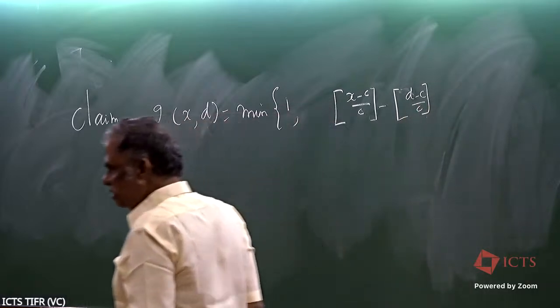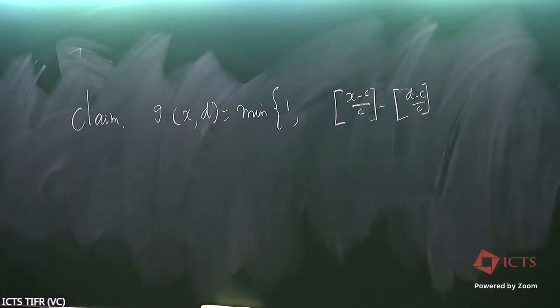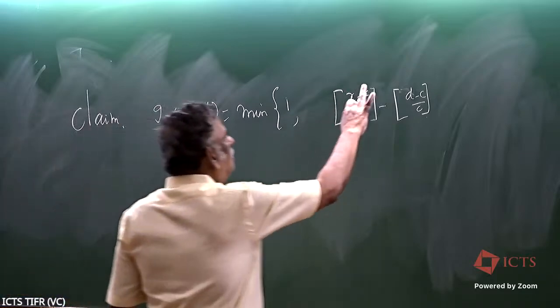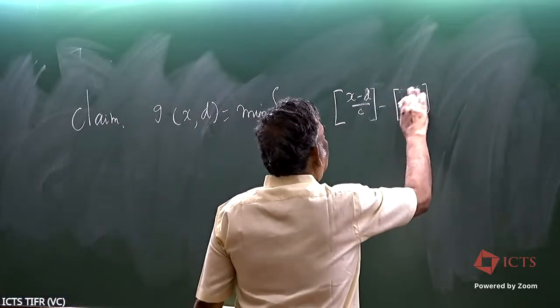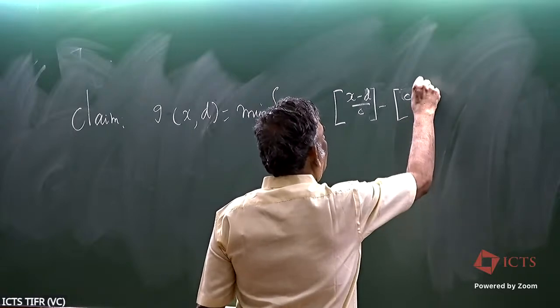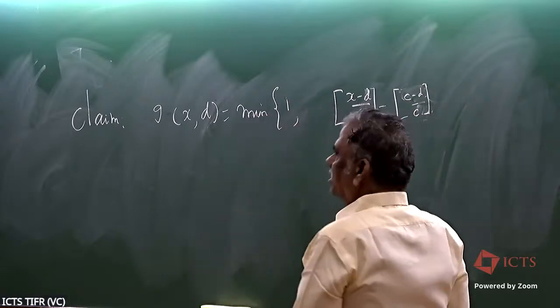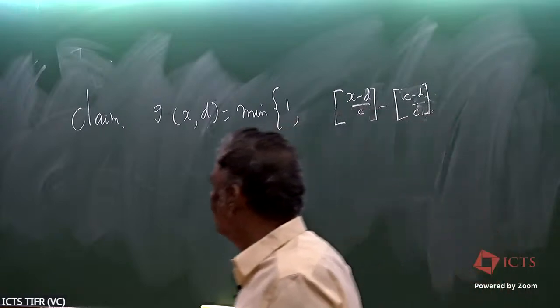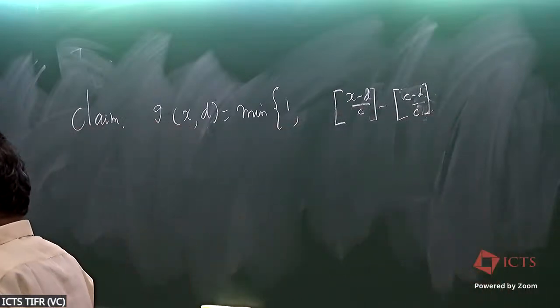Something like that. Anyway, x minus d by c, c minus d by c. This will give you exactly a formula for g of x,d, is what I want to claim.